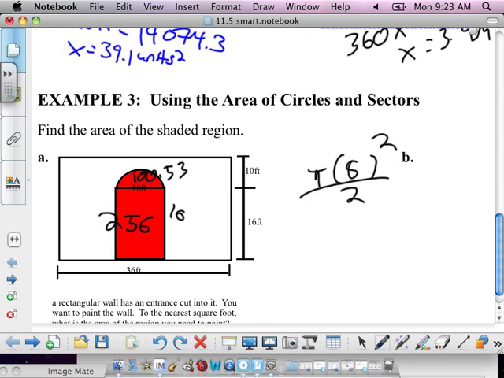And then you add them together. 100.53 plus 256 gives us 356.53 feet squared. Any questions? All right. We are actually going to take a pretest.